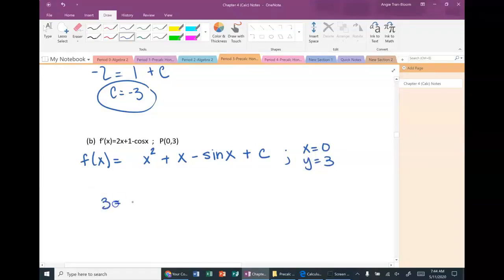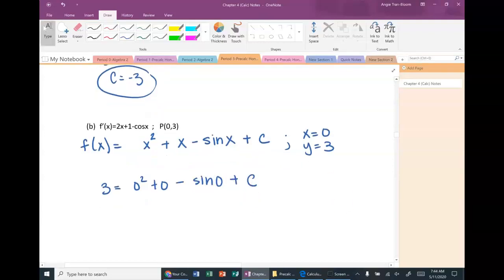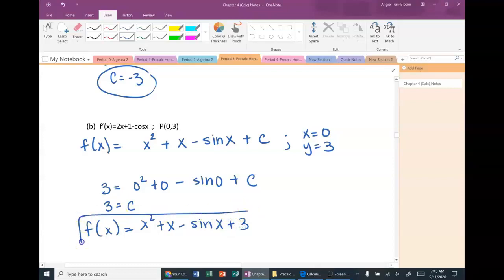So 3 equals 0 squared plus 0 minus sine of 0 plus c. Well, luckily, all of this turns into 0. So c comes out to be 3 right away. Then you're going to have your original function, f of x equals x squared plus x minus sine of x plus 3, and box that up.